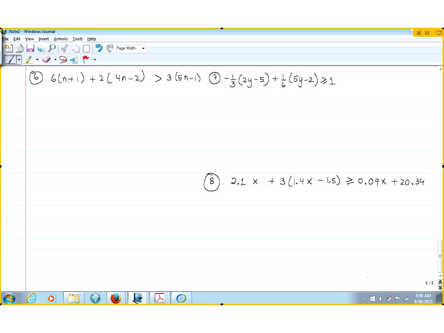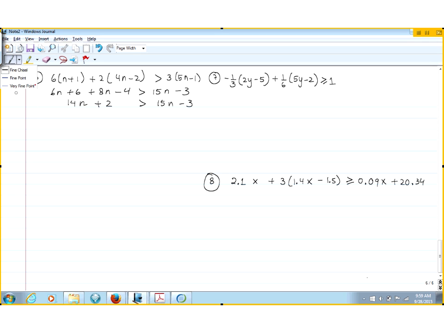Okay. So number 6. What should we do here? We distribute. So what do we have? 6n plus 6 plus 8n minus 4 is greater than 15n minus 3. Now combine like terms. 14n plus 2 is greater than 15n minus 3.